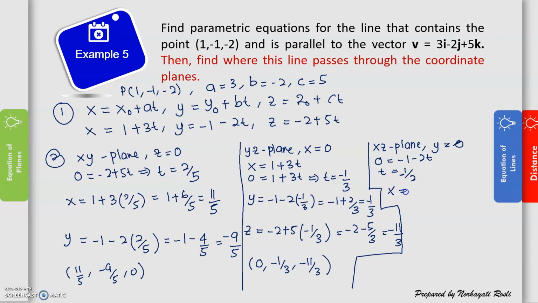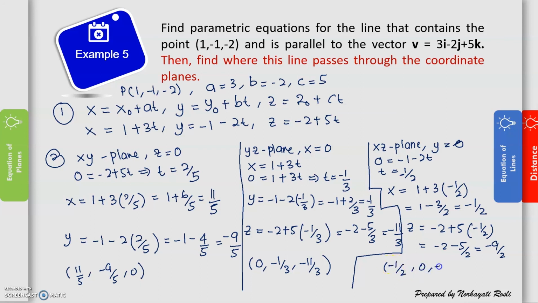For x, we have 1 plus 3 times negative 1 over 2, so 1 minus 3 over 2, and you get negative 1 over 2. And then for z, we have negative 2 plus 5 times negative 1 over 2, so negative 2 minus 5 over 2, and we get negative 9 over 2. So our coordinate point is (negative 1 over 2, 0, negative 9 over 2).